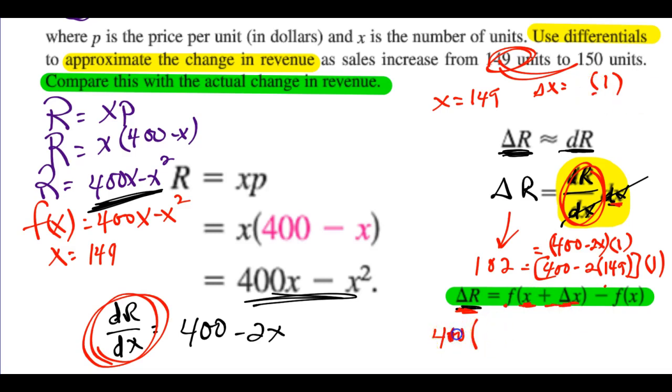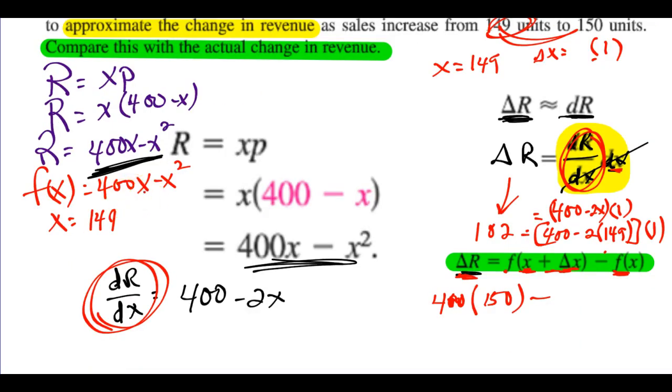So instead of saying 149 plus 1, I'll just say 150, minus the function. So wait a minute, I've got to plug into this. This says go to the f function, 400x, and in this case I'm using the 150. So 400 times 150 minus 150 squared.